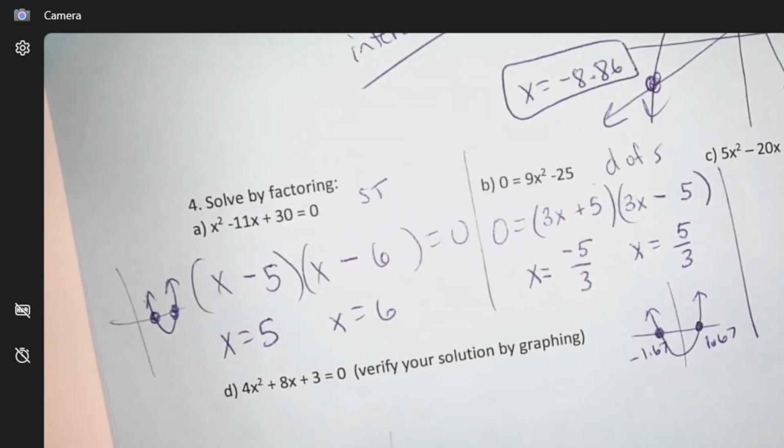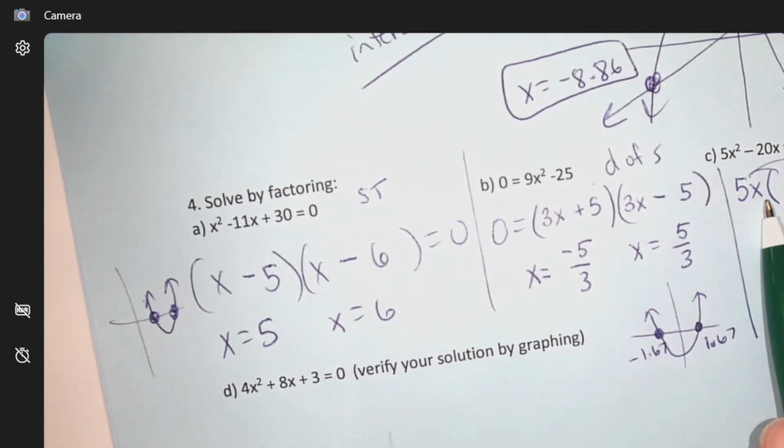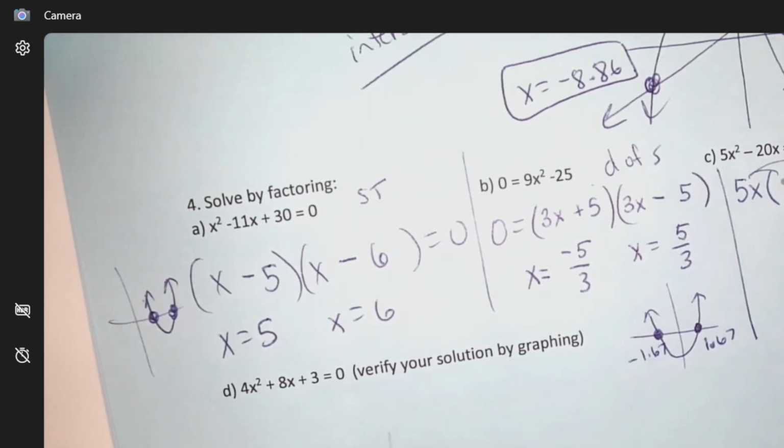Think number and letters. What's the most number part you can take out? 5. What's the most letter you can take out? X. Okay, so 5x times what gets me to that? 5x times what gets me to that?